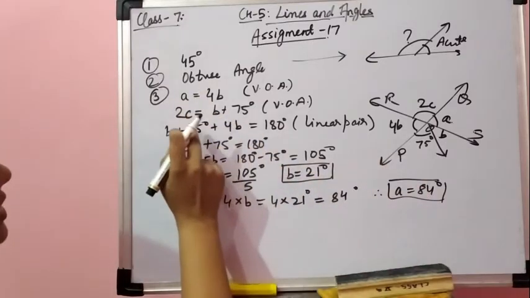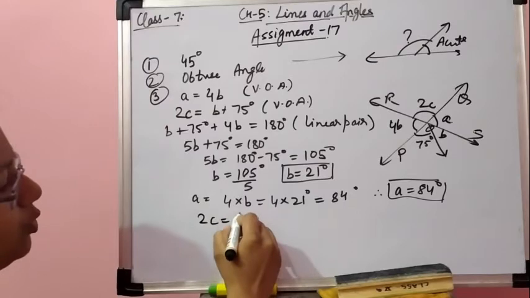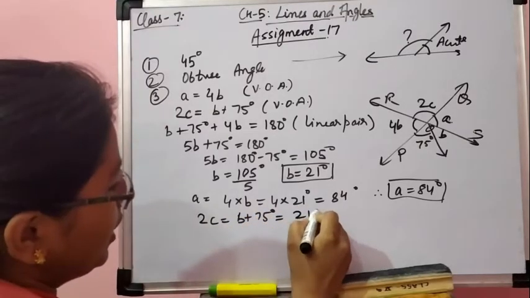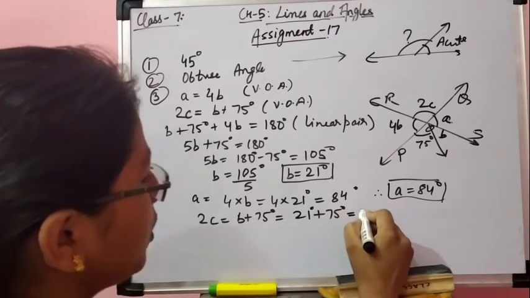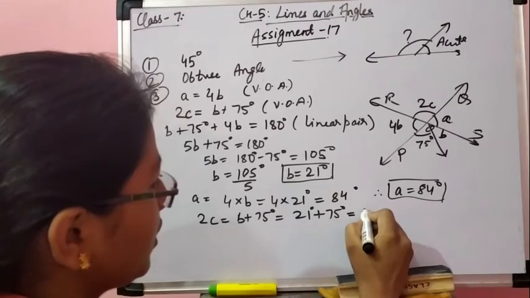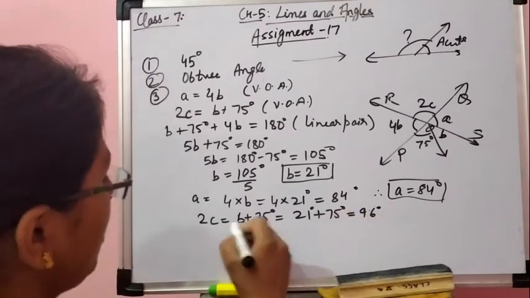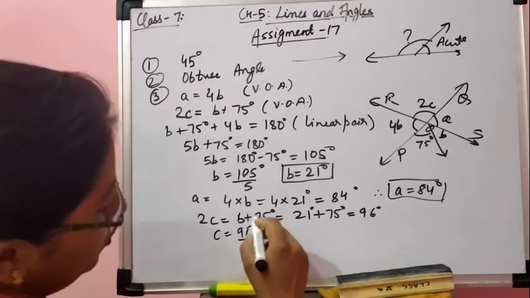Similarly, for finding the value of C, 2C is equal to B plus 75 degree, means 21 plus 75 degree, which is equal to 96 degree. Okay. Now C is equal to 96 degree divided by 2.